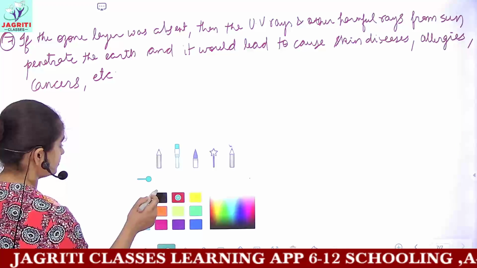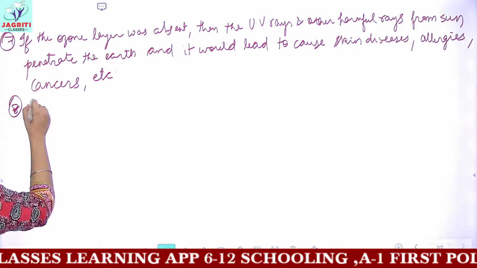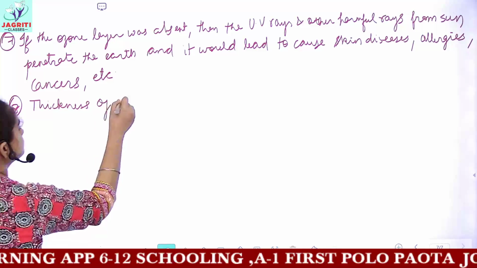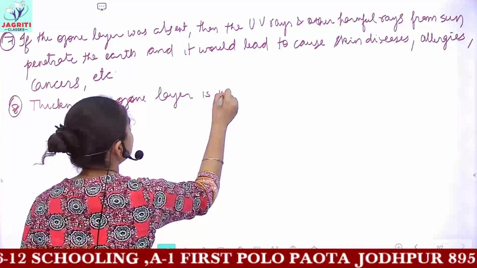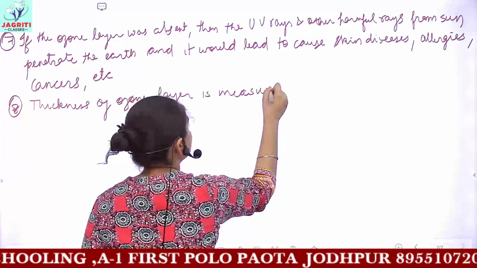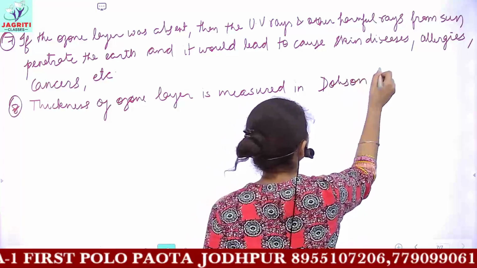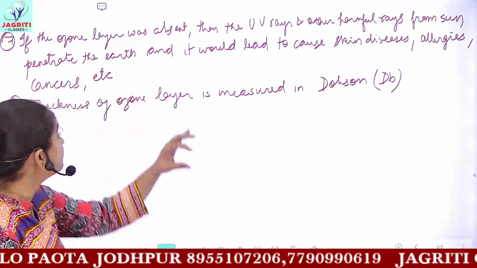Now you can remember one more point, that the thickness of this ozone layer is measured in a unit known as Dobson. So Dobson is the unit used for measuring the thickness of the ozone layer.